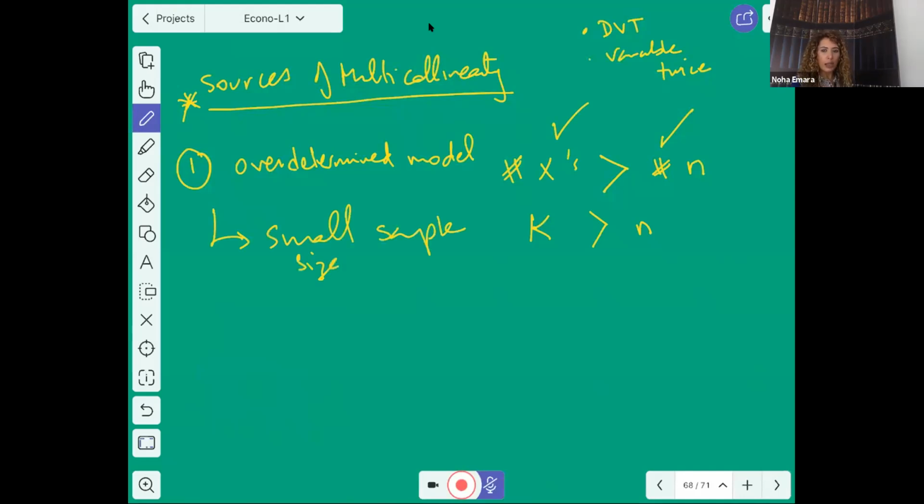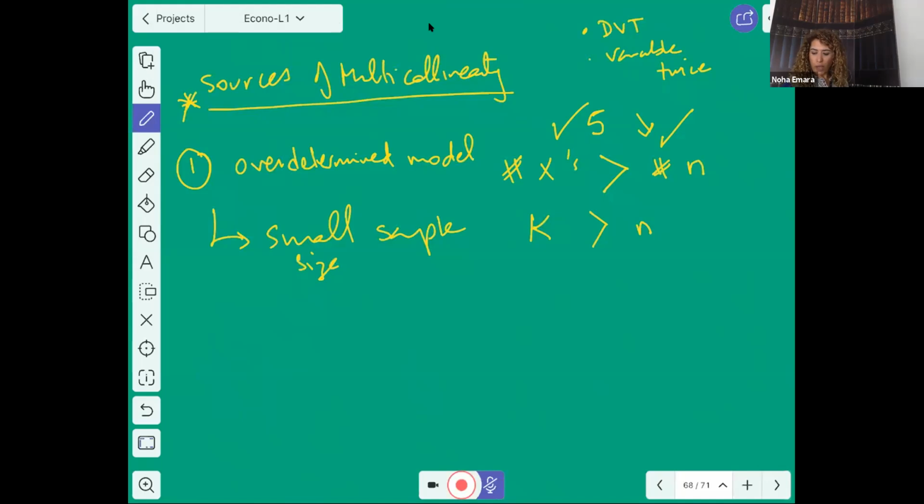You can easily overcome an overdetermined model by maximizing your sample size. For example, I have 5 pieces of information I want to gather about a certain person: age, education, gender, years of experience, and so on. However, I have only 2 people.